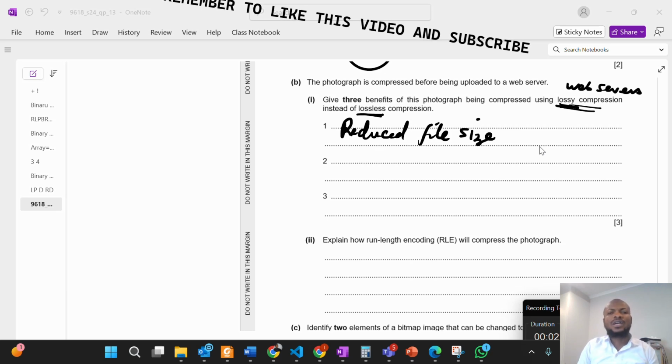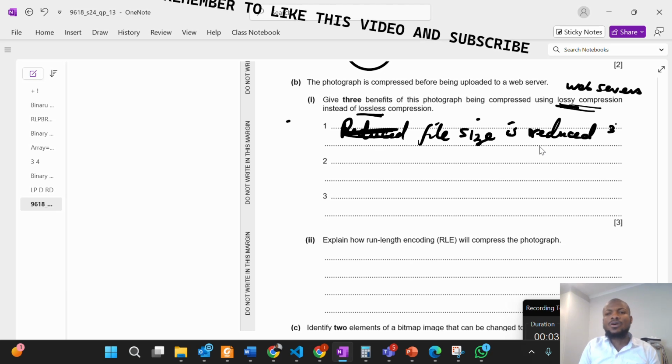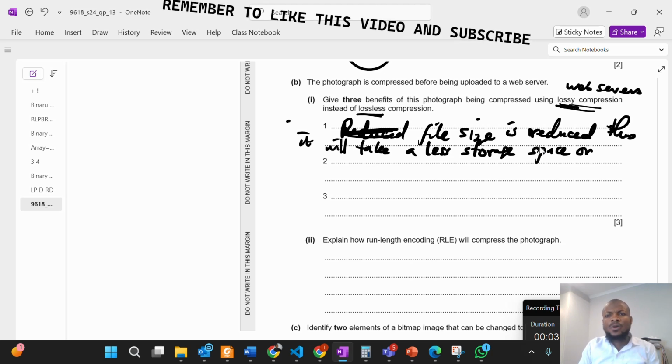So you can write that the file size is reduced, and thus it will take less storage space on the web server.